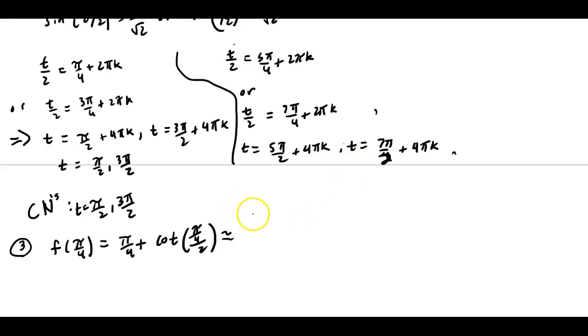Alright, after punching this into the calculator, we get that f of pi over 4 will be approximately 3.1996. F of pi over 2 is going to be pi over 2 plus the cotangent of pi over 2 over 2.